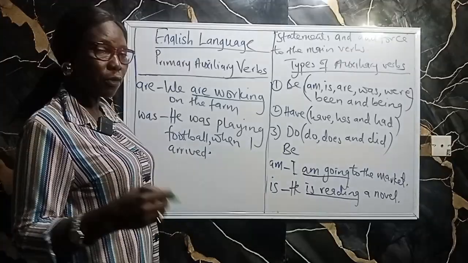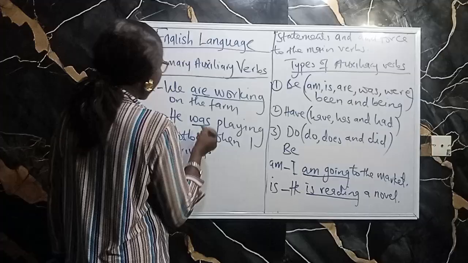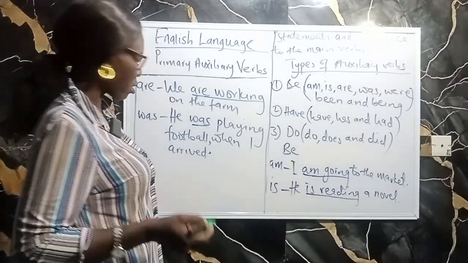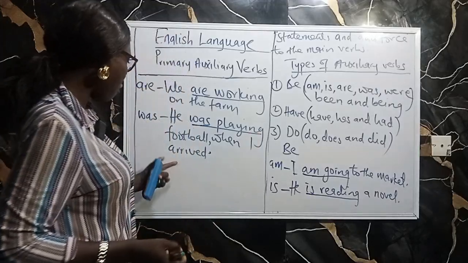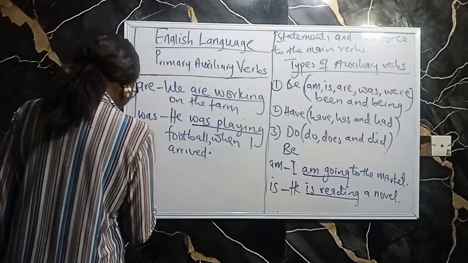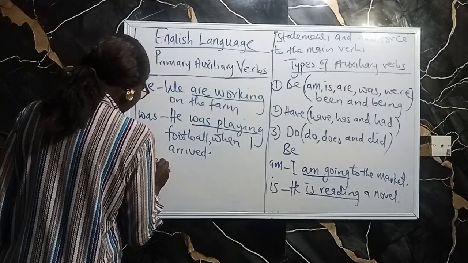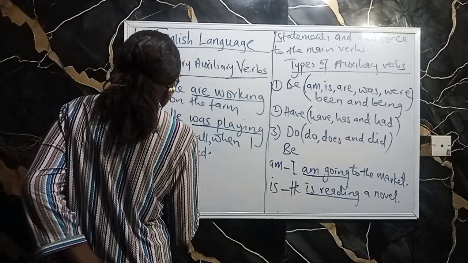He was playing football when I arrived. So was there is the primary auxiliary verb used with the form of main verb playing to form past continuous tense. Then were. Let's use it in a sentence.